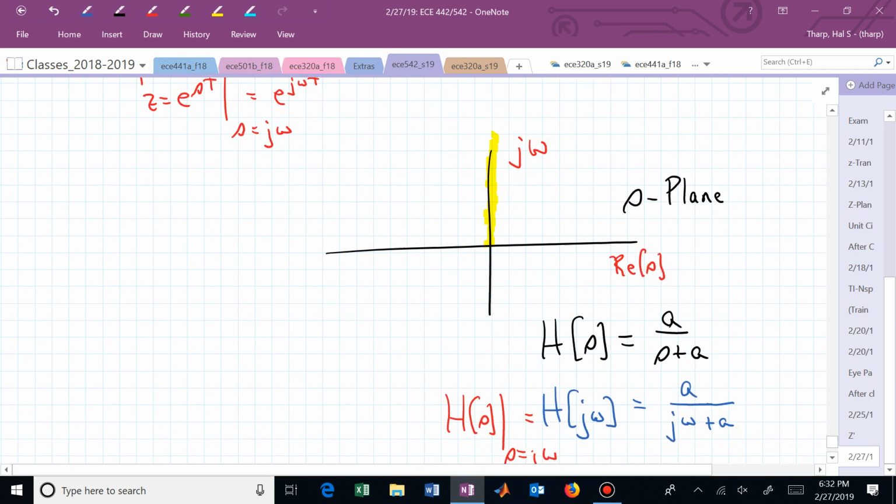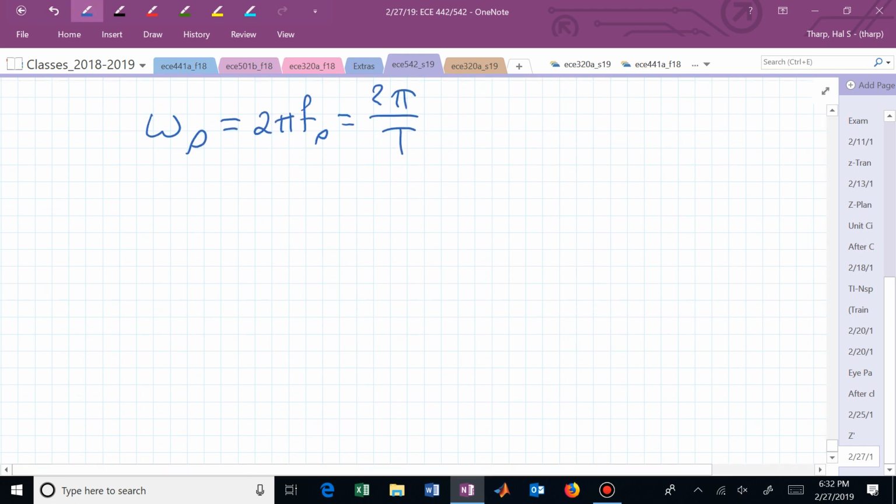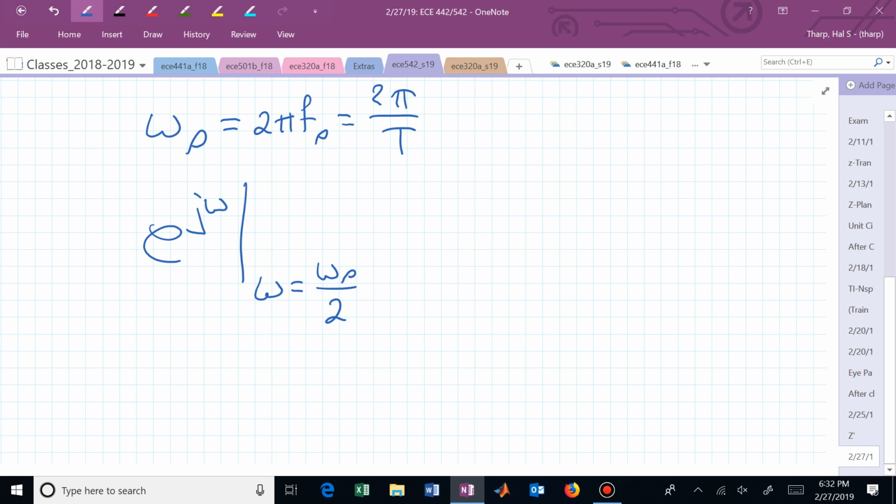How do I want to say this? What if we now looked at e to the j omega T when omega is equal to, let me sort of forecast the point I want to find. Suppose we look at half the sampling frequency for our value of omega.